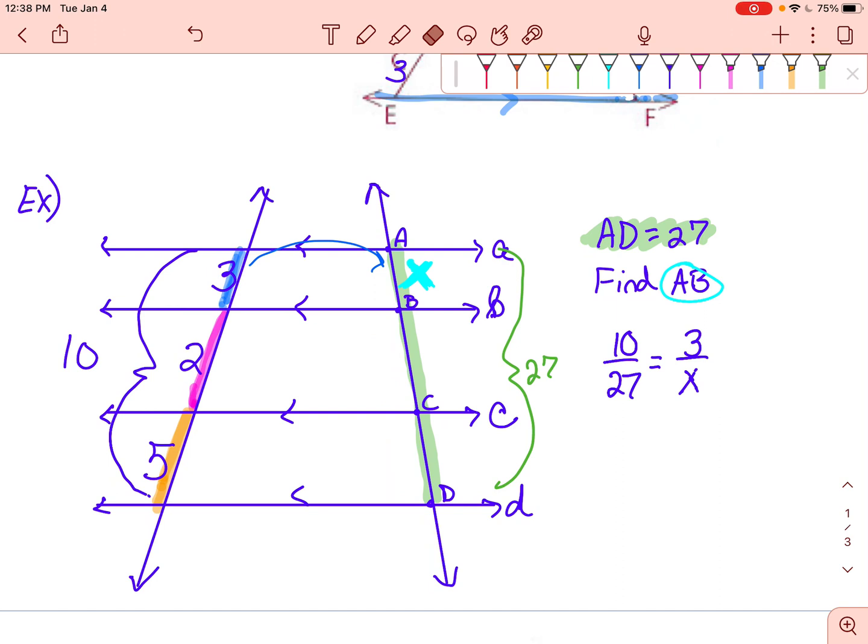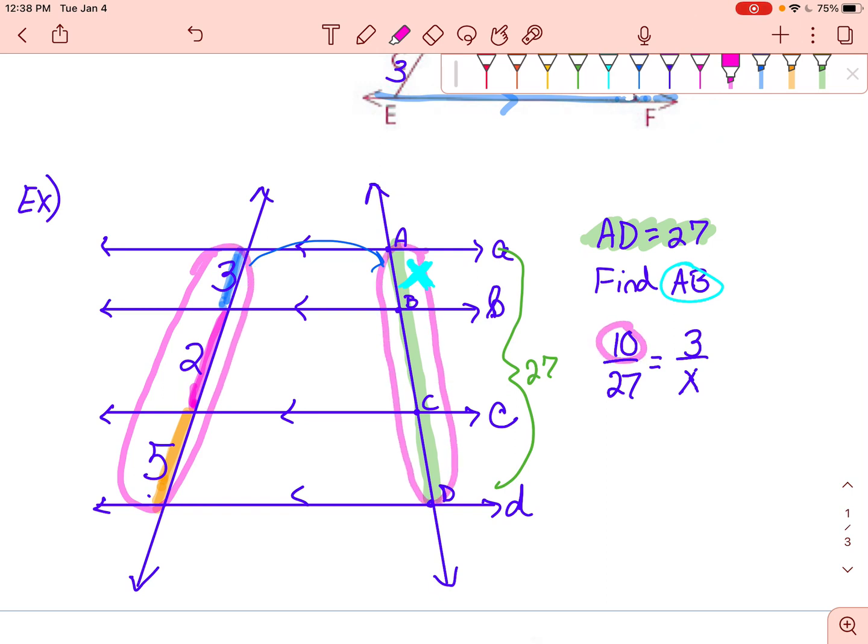This whole segment right here is 10, this whole segment right here is 27, this little piece right here is 3, and this little piece right here is X, okay? And again, this is like a souped up side splitter theorem. It only works if the lines are parallel.